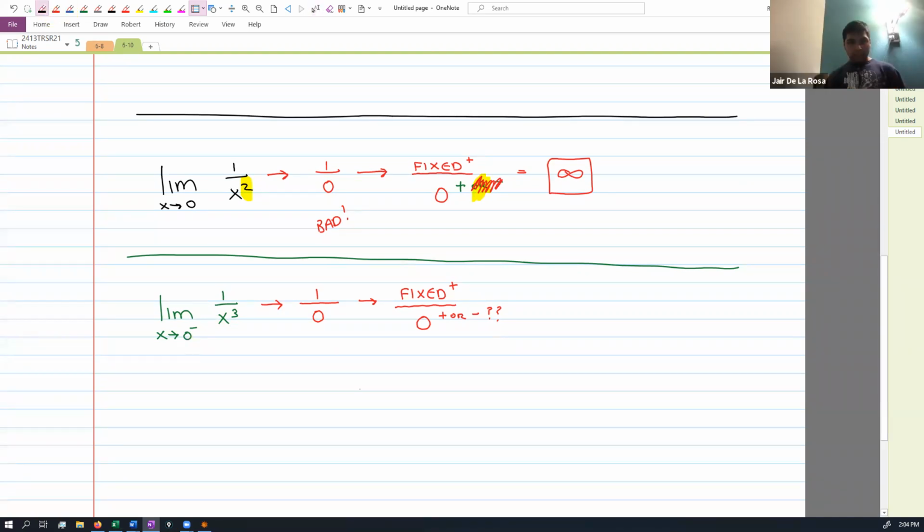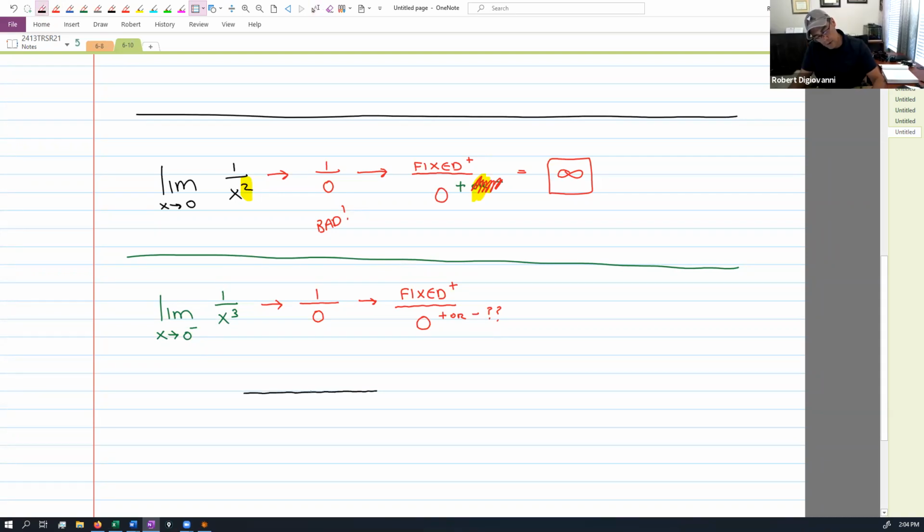So watch, I'm going to draw a little number line. Here's 0. I'm supposed to be approaching 0 from the left side. So the numbers that I'm plugging in here are really, really small negative numbers, aren't they? Like, for example, negative 0.00001 would be an example of a number that I could plug in.